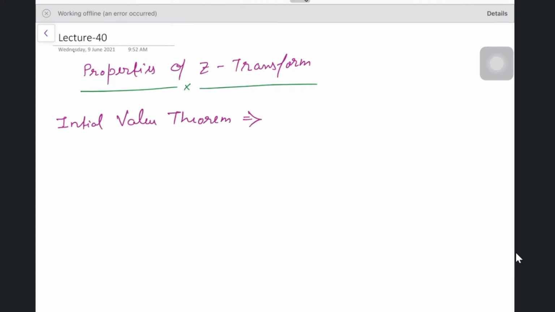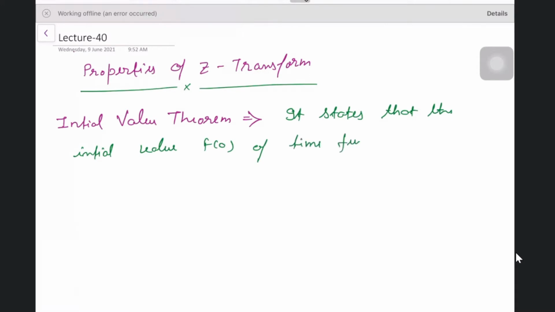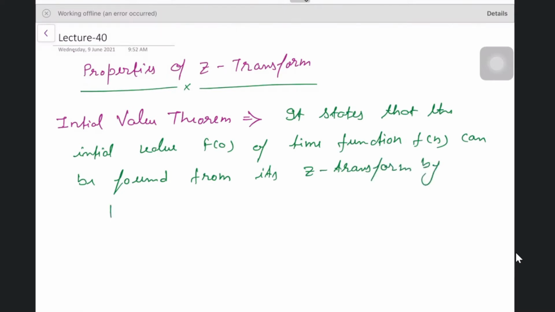According to this theorem, it states that the initial value f of 0 of a time function, that is we are considering fn, can be found from its Z transform by considering mod of Z going to infinity.